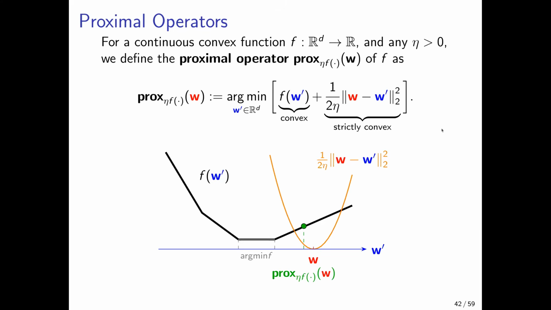Secondly, we are also making the problem a bit easier because we are not solving the global optimization problem, like minimizing the whole f on the entire domain, but with this quadratic penalty we are in a way localizing this problem. So we are searching for some approximate minimizer of f, but in a neighborhood of this w.